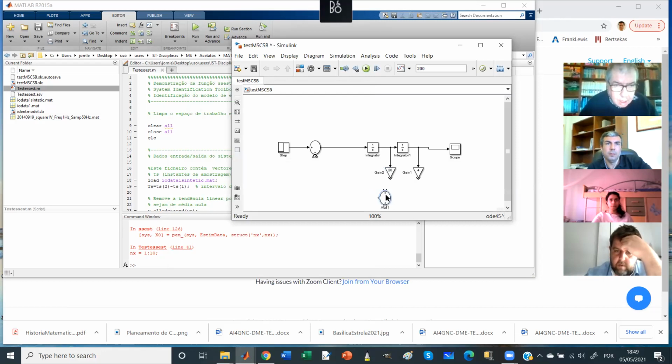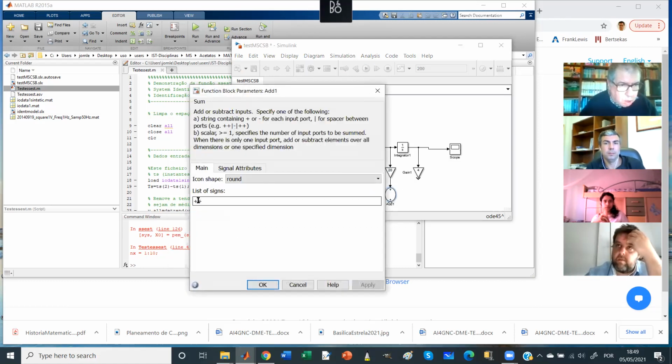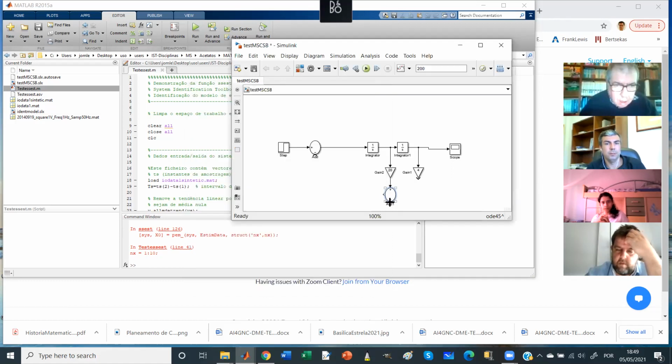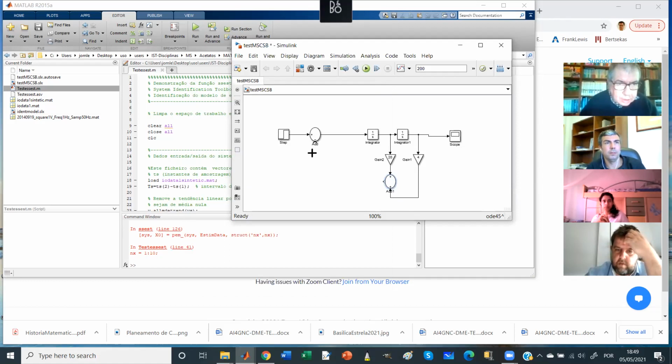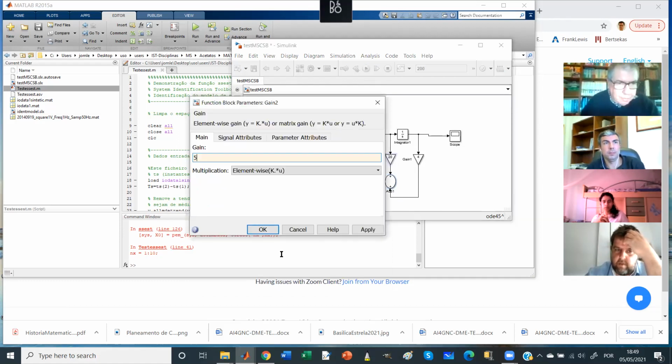Okay, and this goes there. And this gain should be 5.